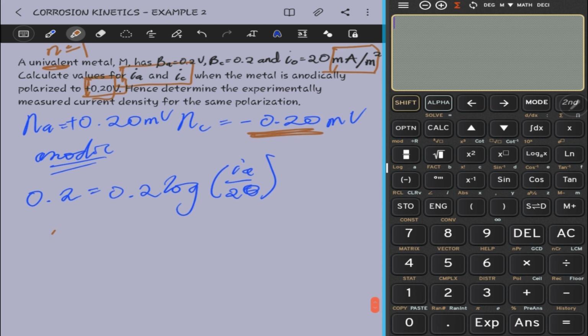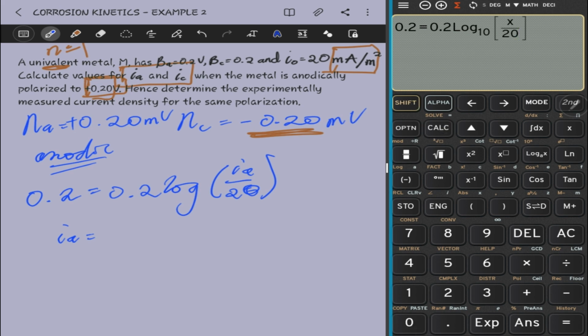So that will mean that we can get the anodic current density from this. So there we have 0.2 equal to 0.2 times log, which is log base 10, of what we are looking for, the anodic current density, over the exchange current density, 20 milliamperes.